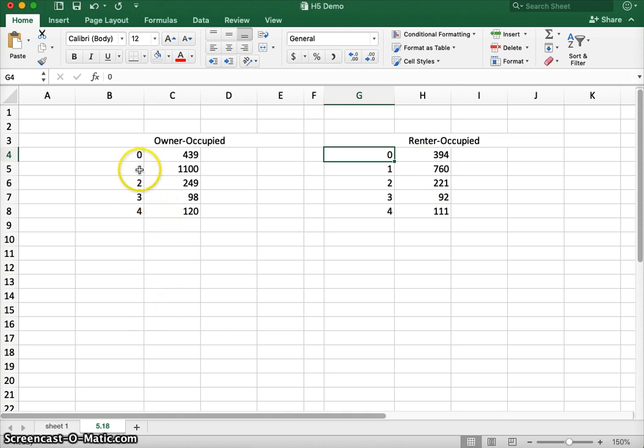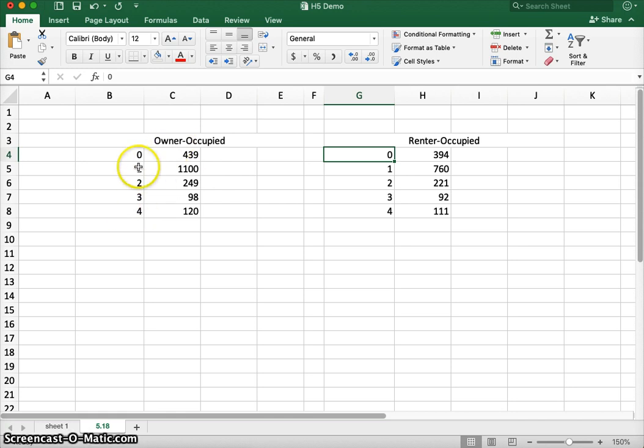So this is the number of times that people who live in these homes experienced a water shutoff in the last 3 months. 439 of these residents never experienced that. 120 of these residents experienced it 4 or more times in the last 3 months.